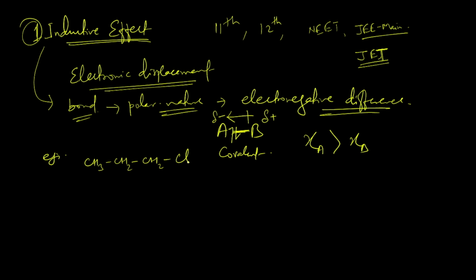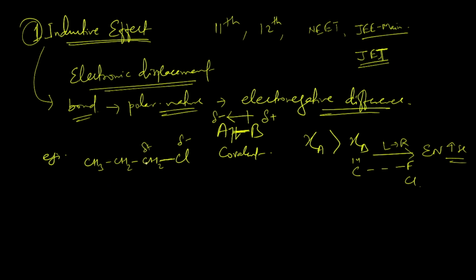We know that in the periodic table, going from left to right the electronegativity increases, and from top to bottom the electronegativity decreases. Carbon is in group 14, and after going through group 15, group 16, group 17, fluorine is there, and below that chlorine is there. So we are going from left to right, and the electronegativity is increasing, right? In this case, here it will be delta negative, and this one will be delta positive.